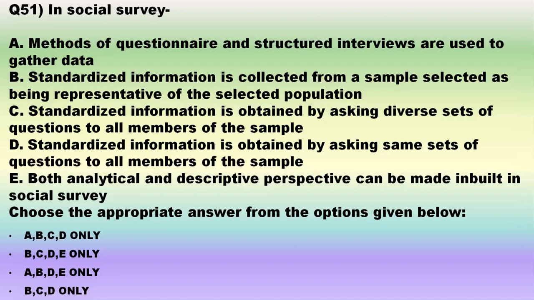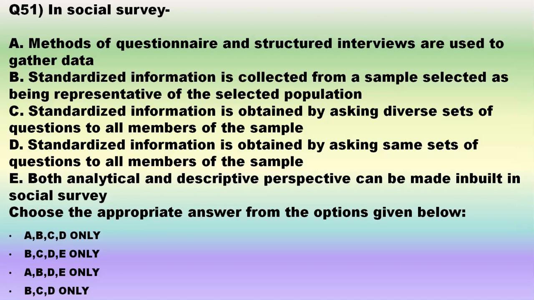Firstly, it says that in social survey, we use structured interviews and questionnaires to gather the data. Then it says that standardized information is collected from a sample that we select, and the sample has to be representative, right?